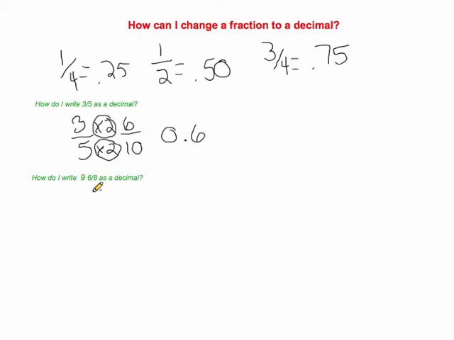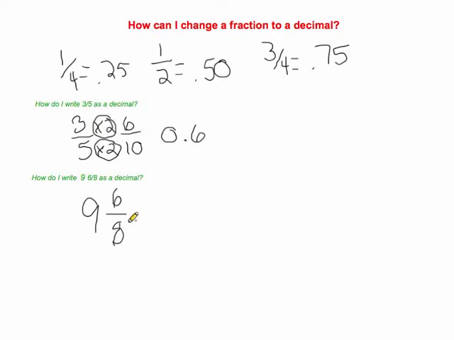A different way that you could do this, the next one is how do I write 9 6/8 as a decimal? Well, I'm going to write 9 down here, okay? And we leave that whole number a whole number, but we need to figure out what renames 6/8 into a decimal form.